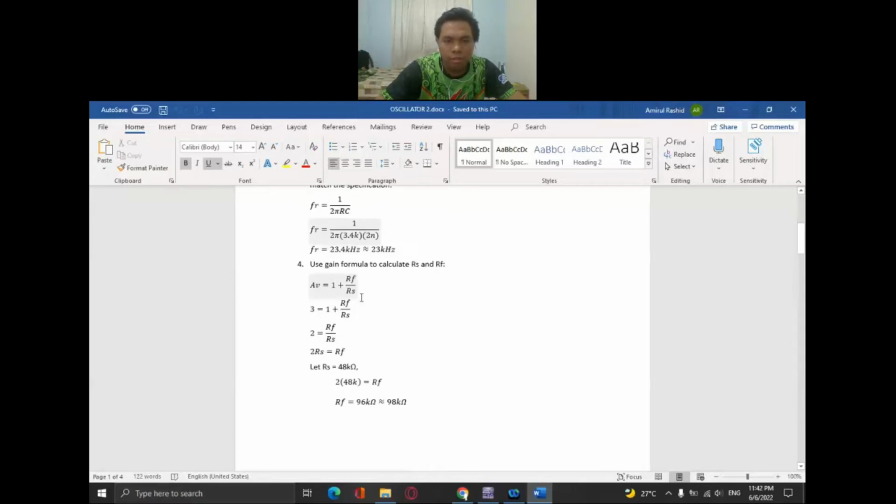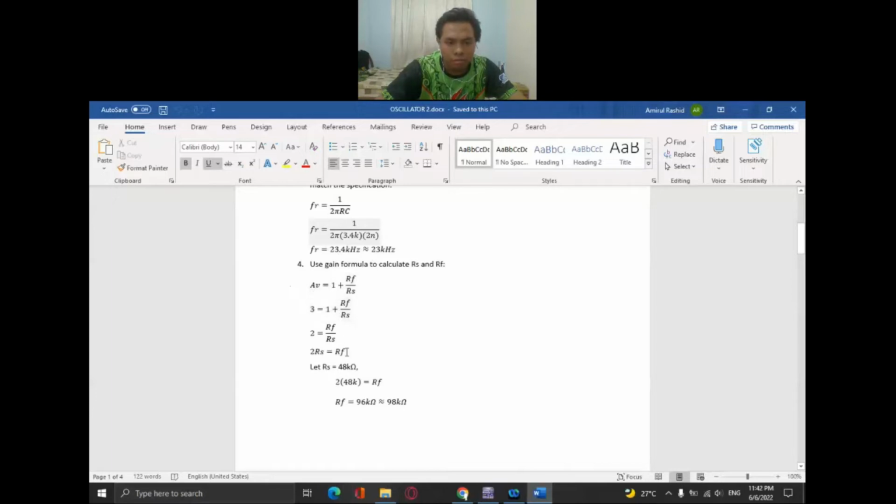Now we find the gain from RS and RF. The formula is 1 plus RF divided by RS, so we get a gain of 3.